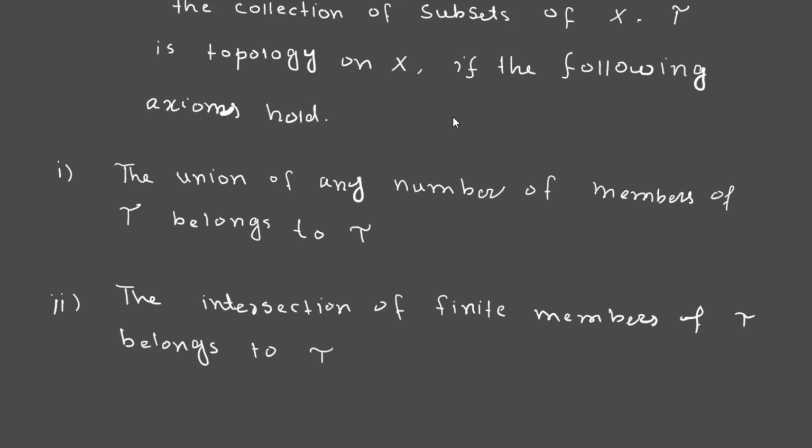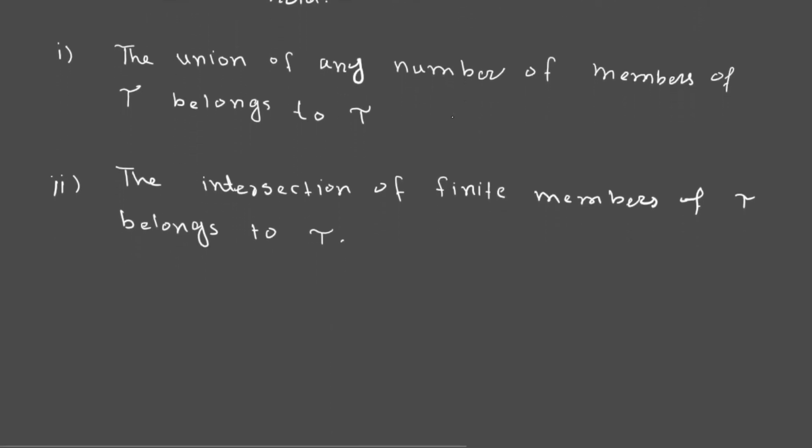The third property is that phi and X must belong to tau, where phi is the empty set and X is the set X.